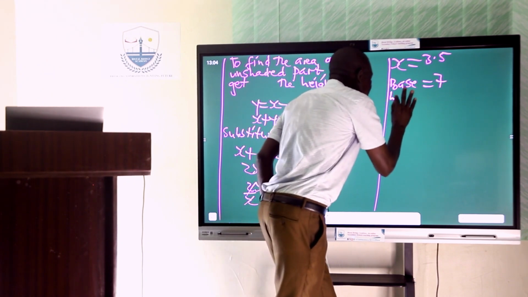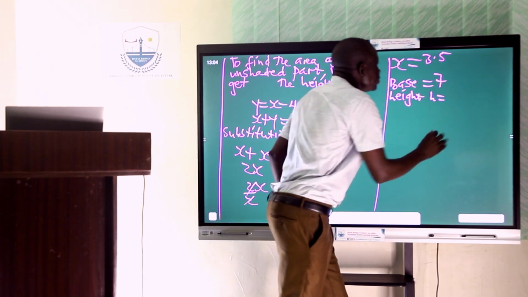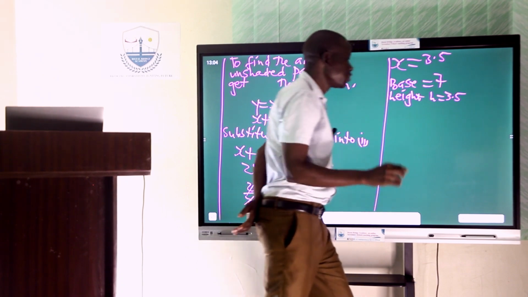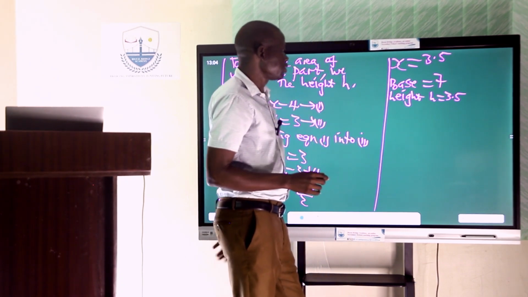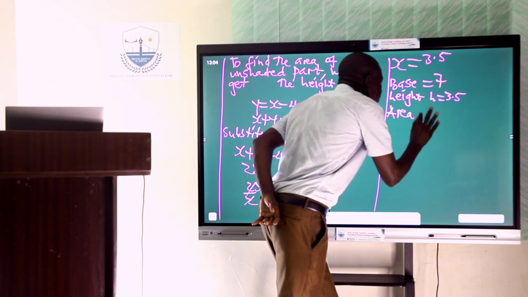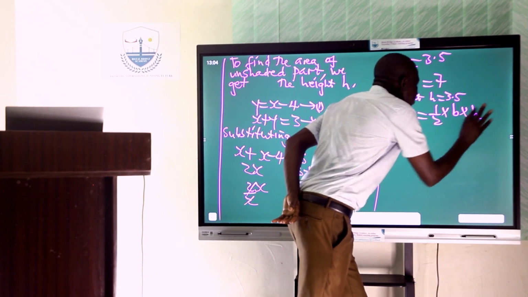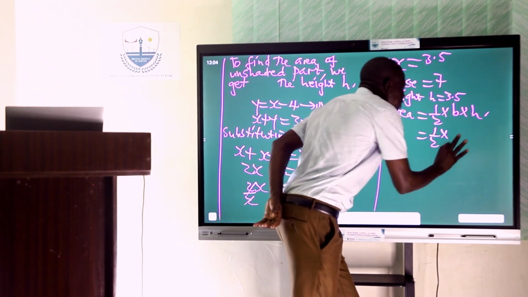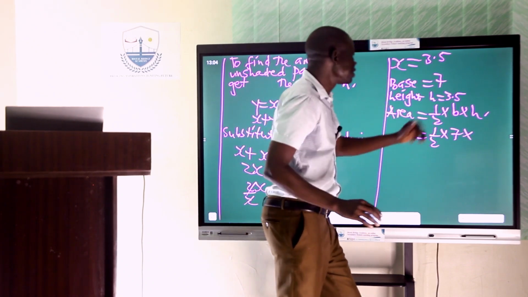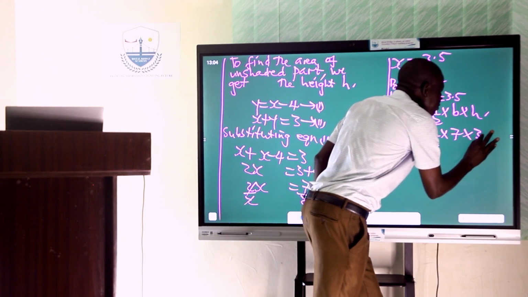The height h is 3.5 units. So the area of the triangle is a half times base times height, which is a half times 7 times 3.5.